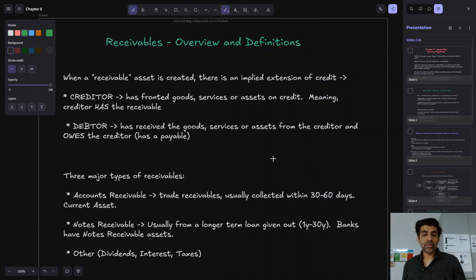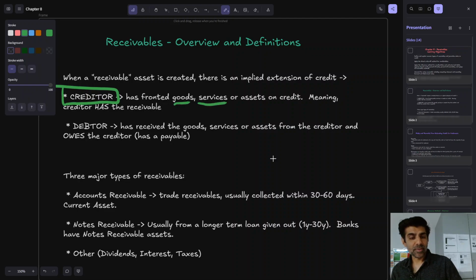There's an implication that your business has extended credit to your customer. So you, as the creditor, if you are the one that has the account receivable, you fronted something. Either you've given your customer some goods, you provided some service, or you've provided some asset to your customer.